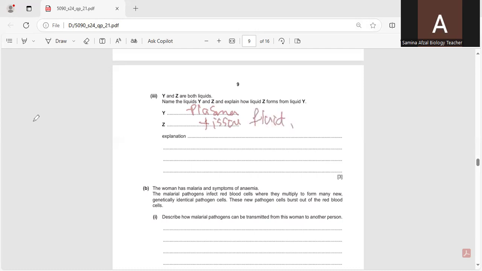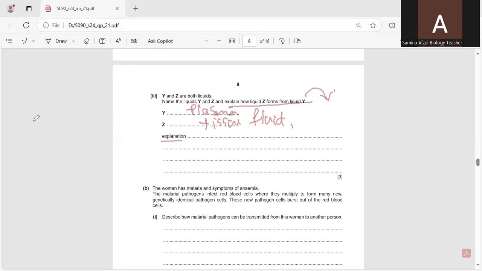So the explanation for this: how is the tissue fluid formed from the plasma of the blood? Explain how liquid Z forms from liquid Y. You can see the difference in both of these liquids is the presence of red blood cells and the location where they are present.